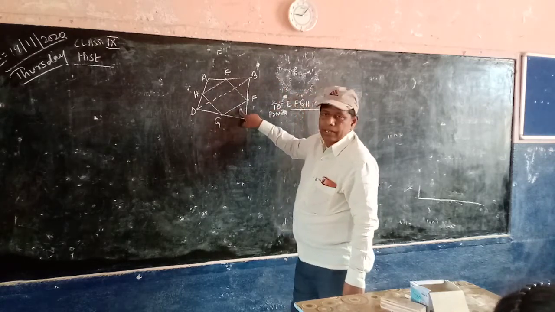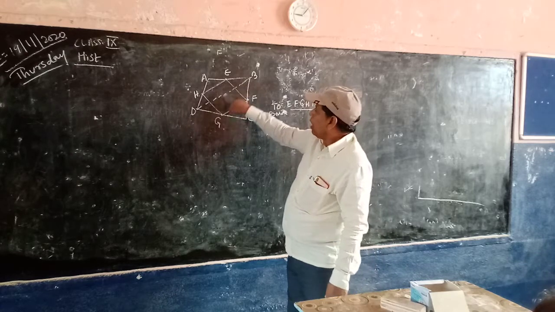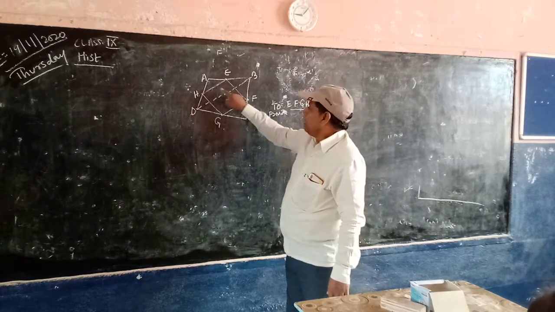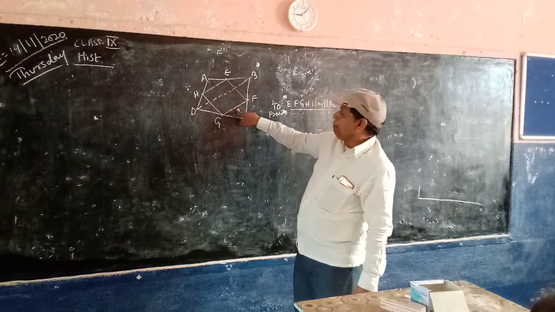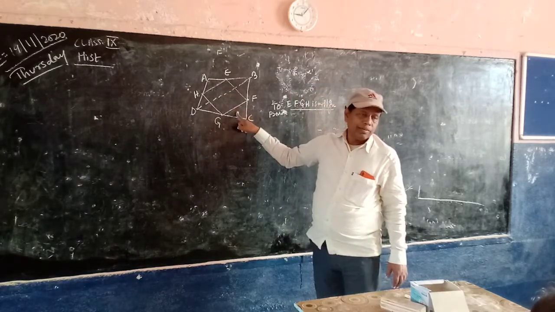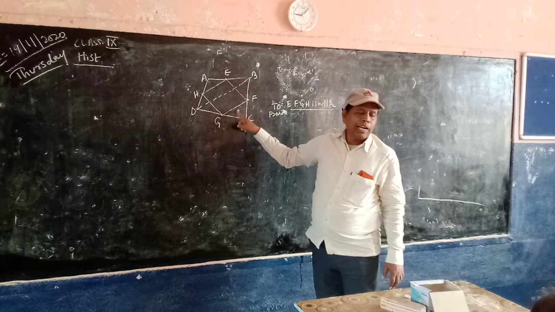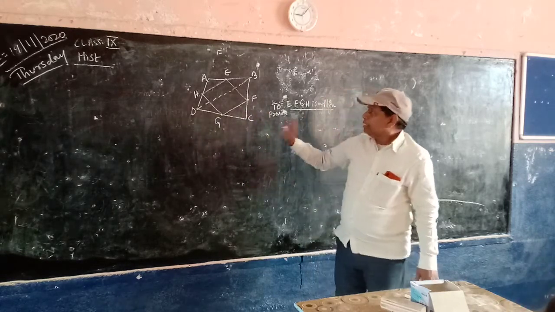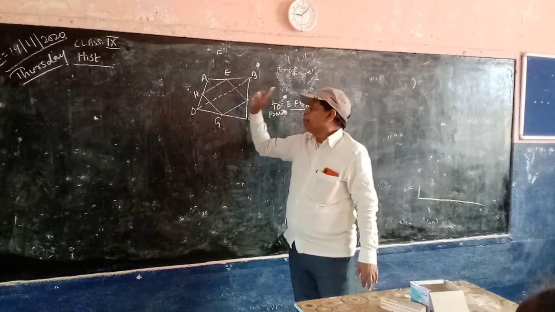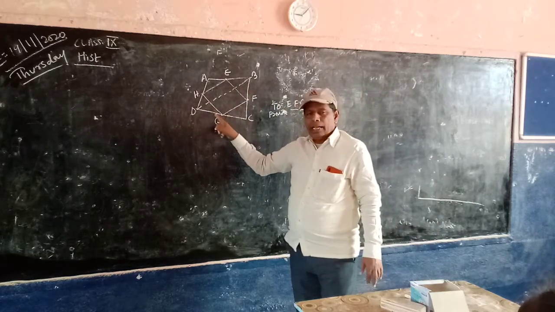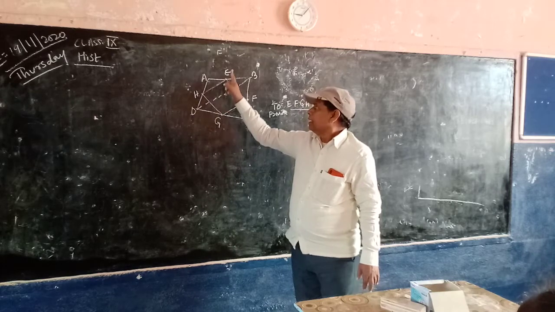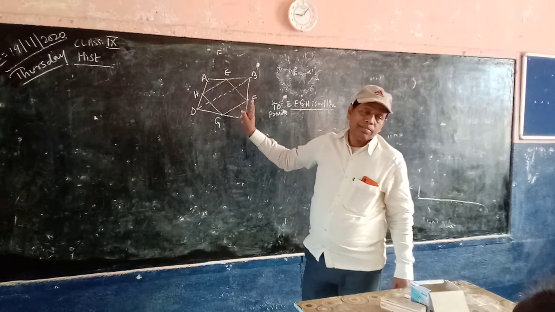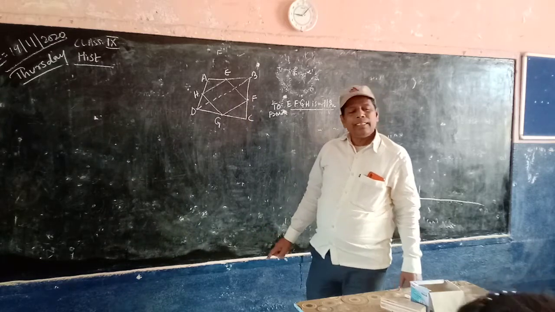So GF is equal to half BD and parallel to it. So EH is equal and parallel to GF. Similarly, EF is parallel and equal to HG. Hence, EFGH is a parallelogram. Understood? Right.